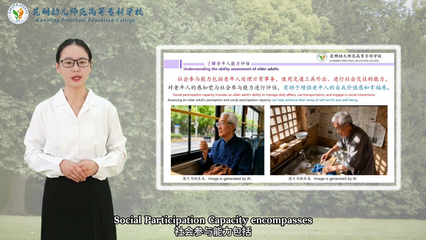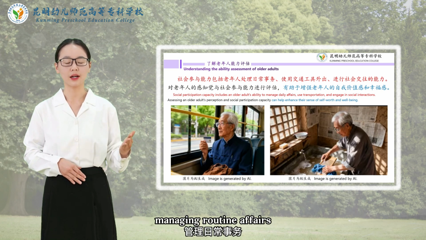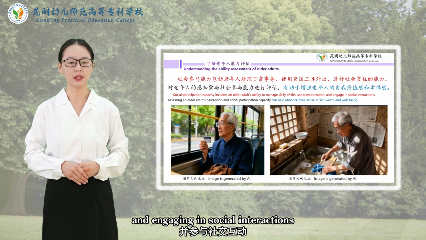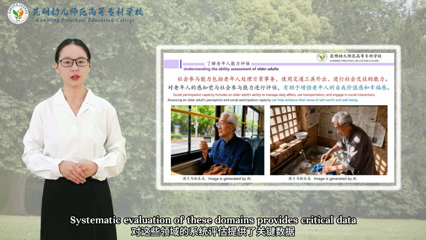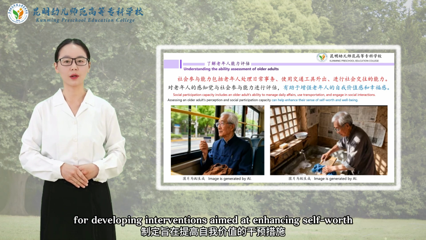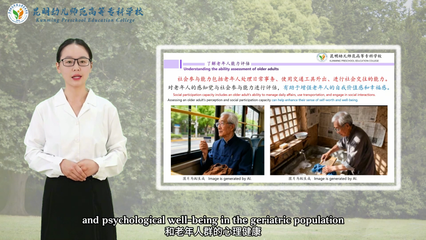Social participation capacity encompasses 3 core competencies: managing routine affairs, utilizing transportation systems, and engaging in social interactions. Systematic evaluation of these domains provides critical data for developing interventions aimed at enhancing self-worth and psychological well-being in the geriatric population.